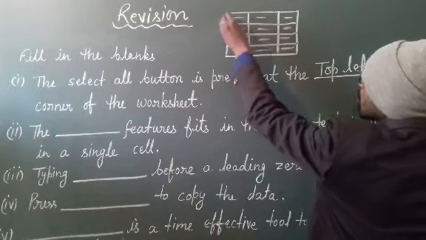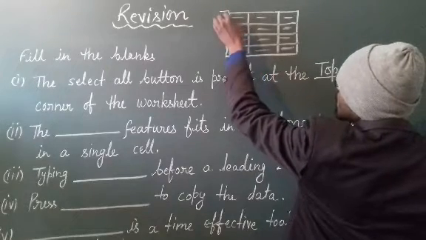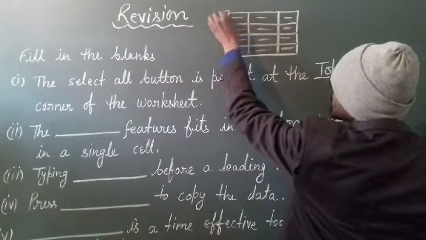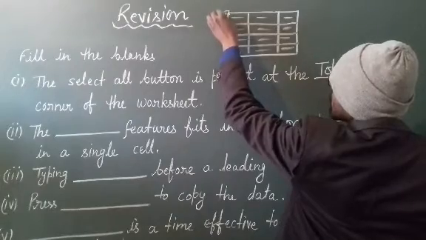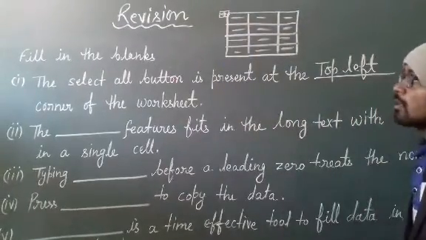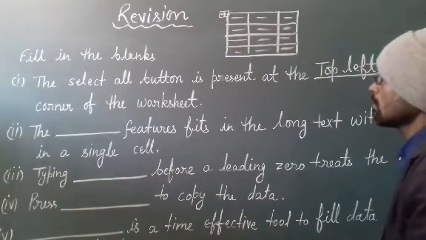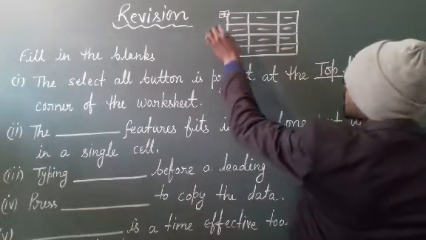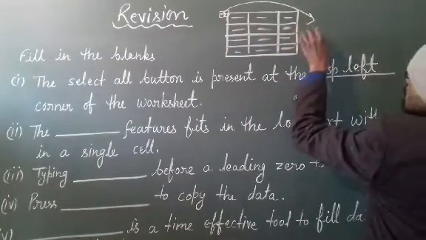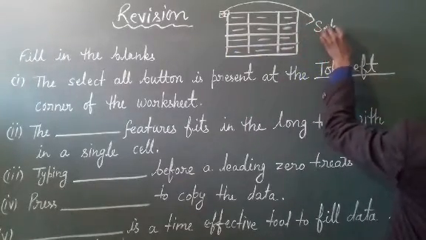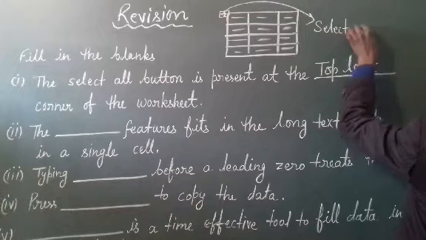Then you will see the top left corner. Here you will see a rectangular box. This is your select all button.